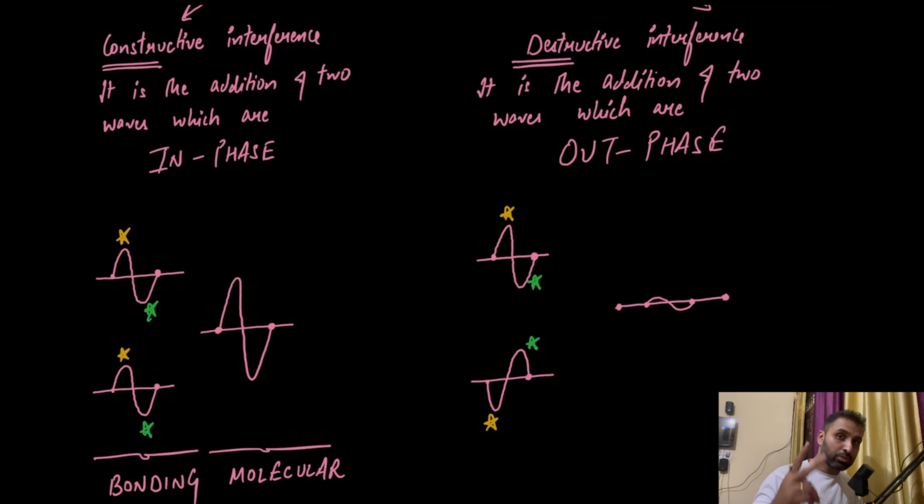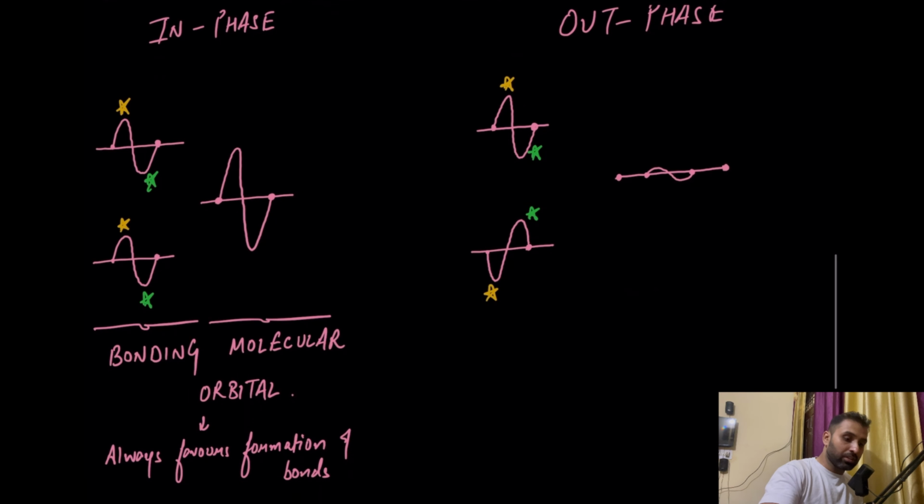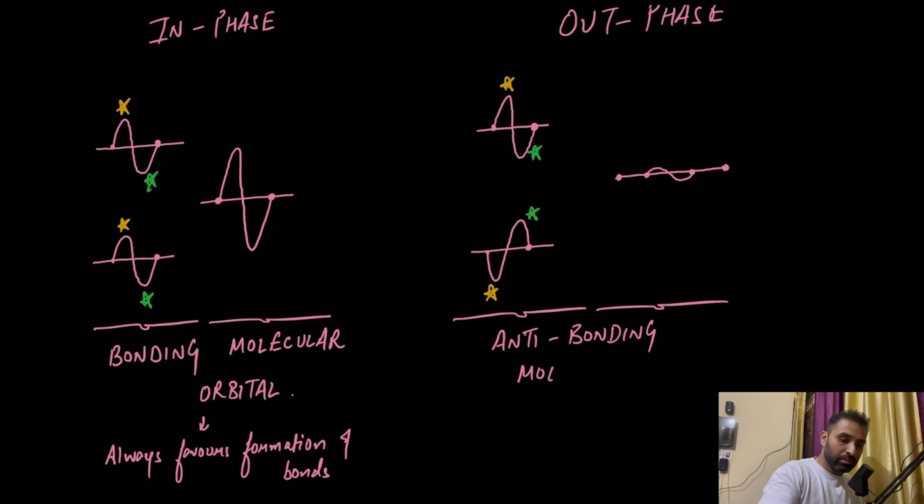I'm repeating: two atomic orbitals containing one electron each, and both electrons are moving in waveform but out of phase, which results in the formation of a new molecular orbital termed the anti-bonding molecular orbital.